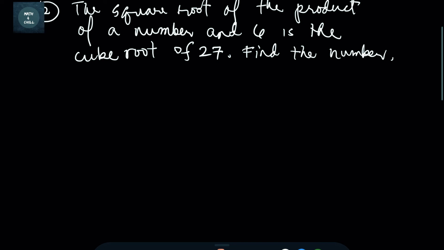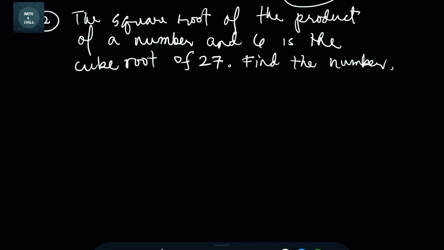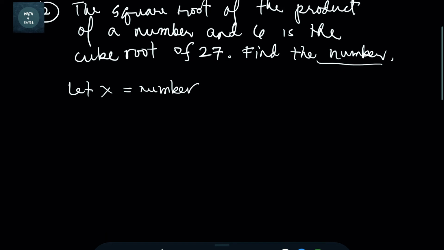So let's solve problem number 2. The square root of the product of a number and 6. Find the number, no? So let x be the number. So we find a number.